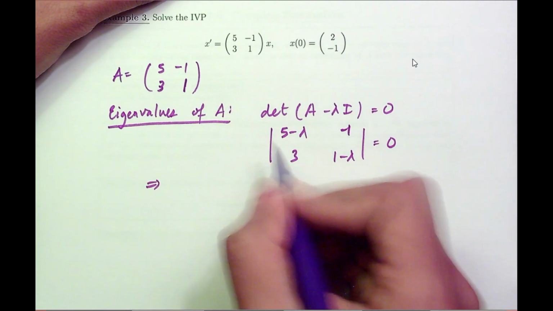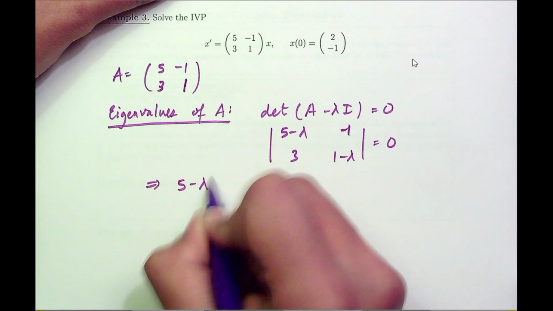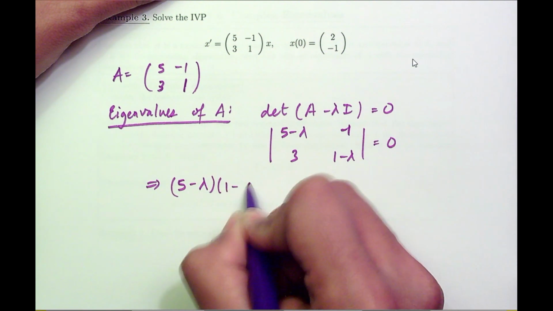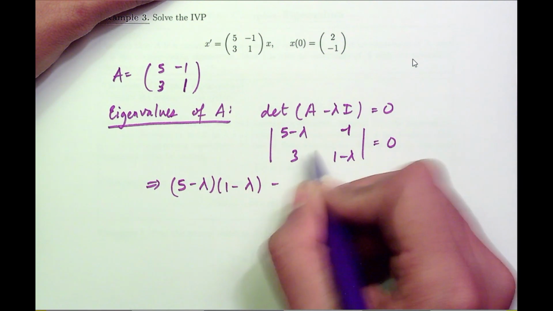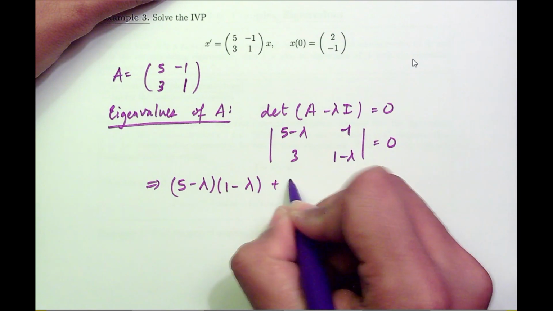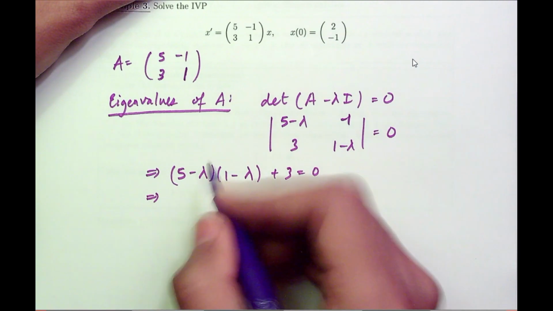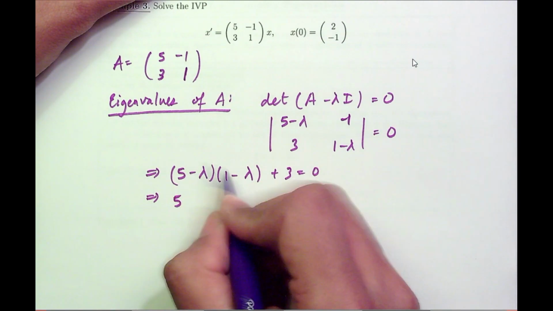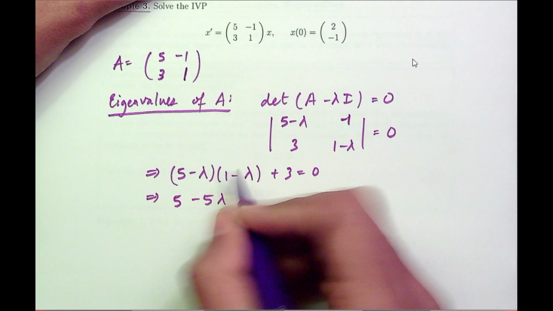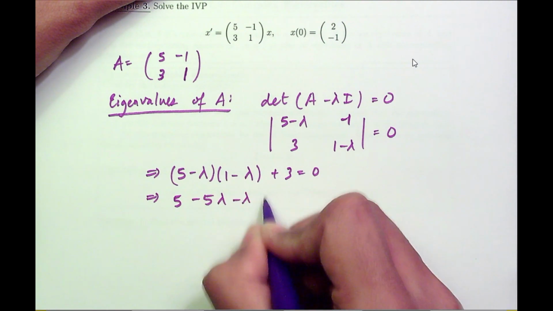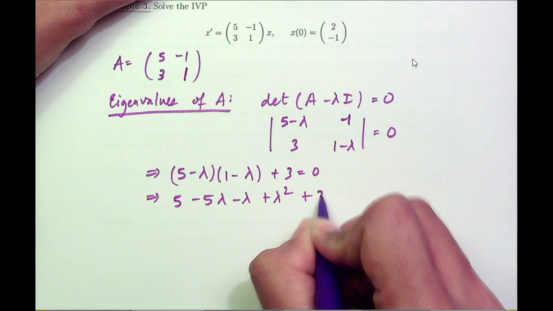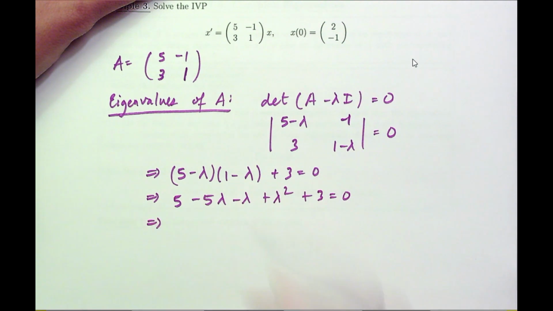Now, finding the determinant, it would be 5 minus lambda times 1 minus lambda, minus 3 times negative 1, so that would be plus 3 equals 0. Now, FOIL, this would be 5 minus 5 lambda minus lambda plus lambda squared plus 3 equals 0.